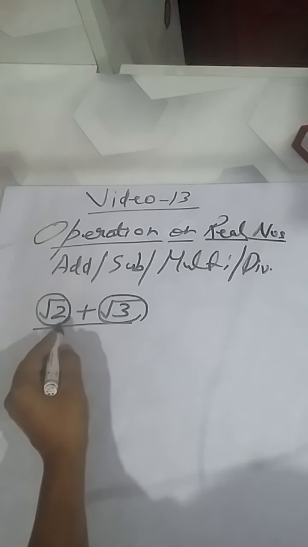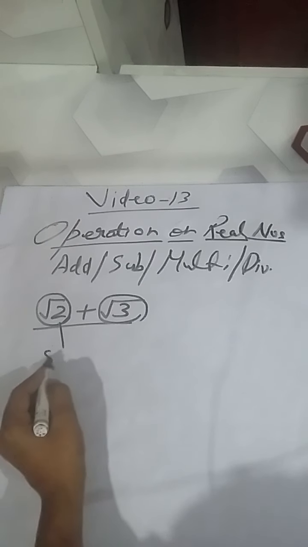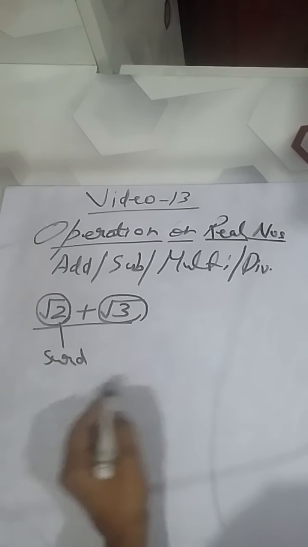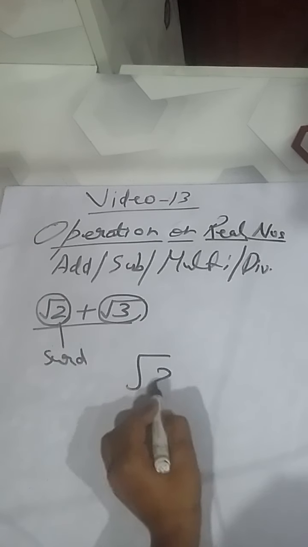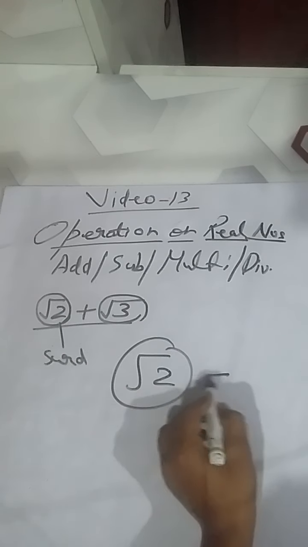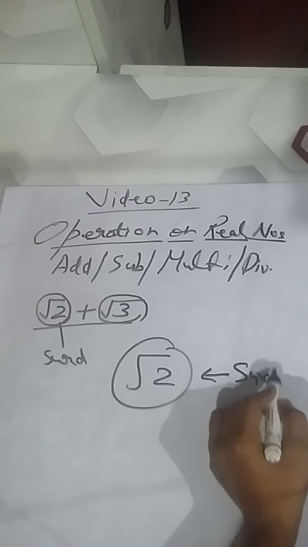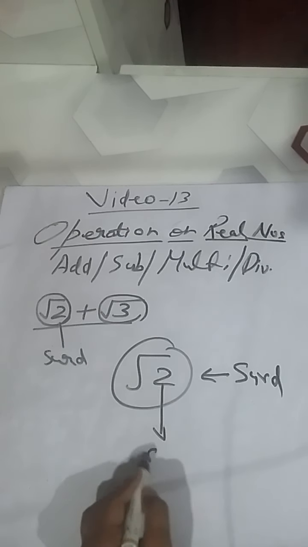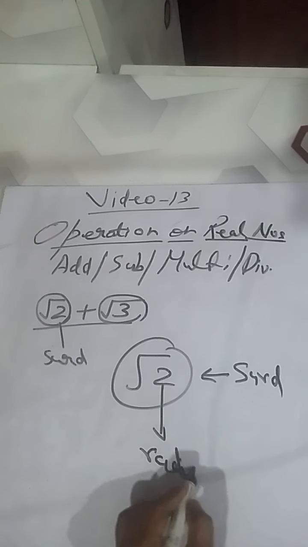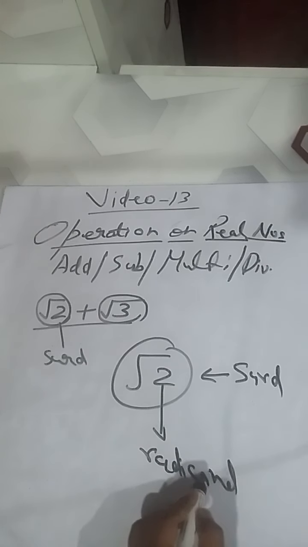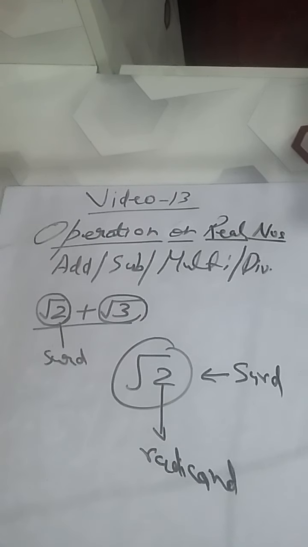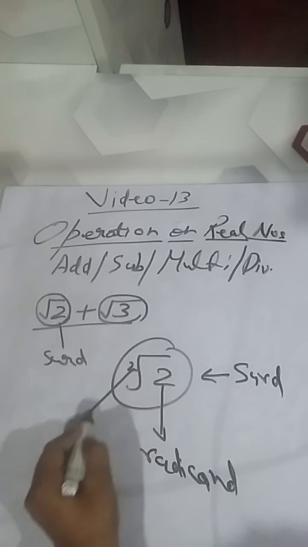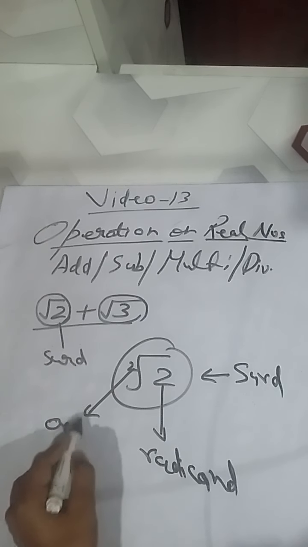This whole thing is surd. And this inside is called radicand. And this here it is 2. This is called order.